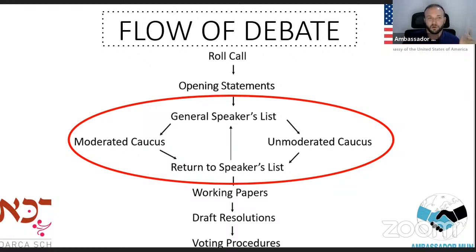There's something called a moderated caucus, where we focus the discussion, and an unmoderated caucus where you move around and lobby freely. And last week, we did the moderated caucus, where we spoke about our ideas together and engaged each other. And we did the unmod, where we worked together in breakout rooms and started to come up with the ideas that we're going to write.